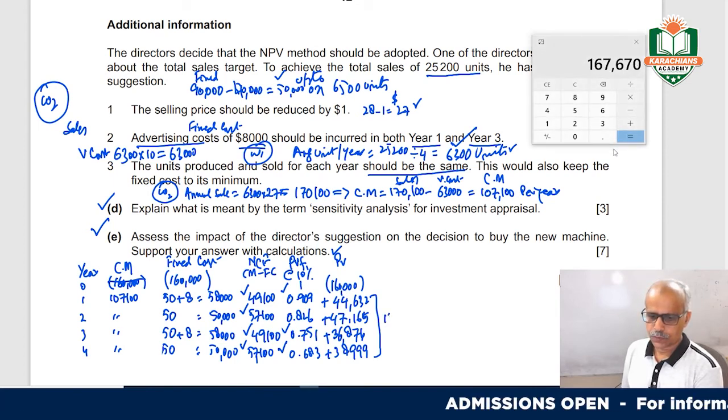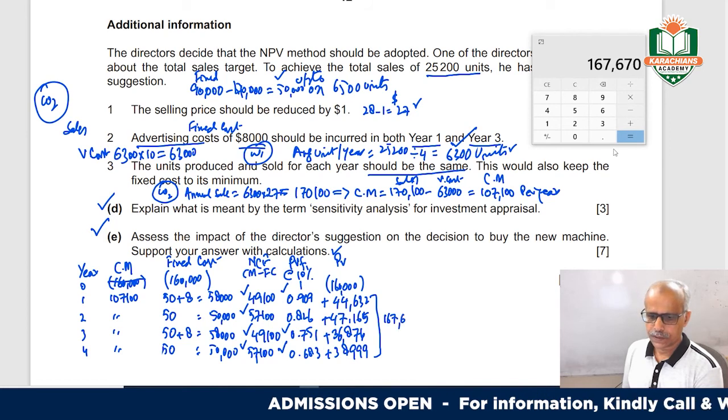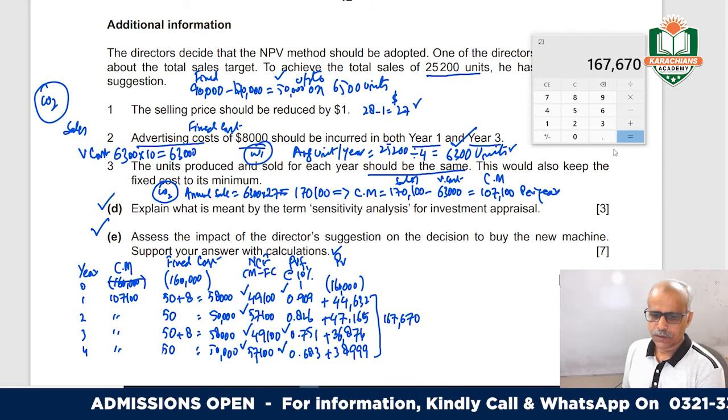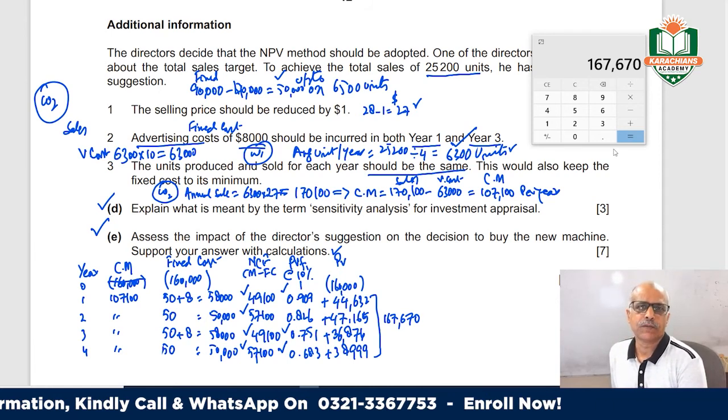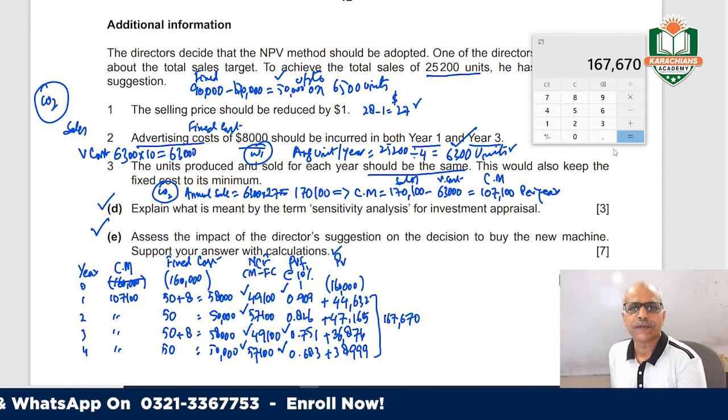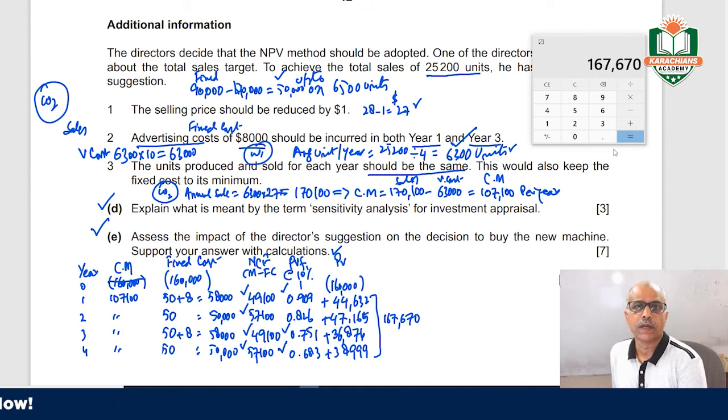So this total will be 167,670. Okay, it means your present value of your positive cash inflows is 167,000, while your outflow is 160,000.